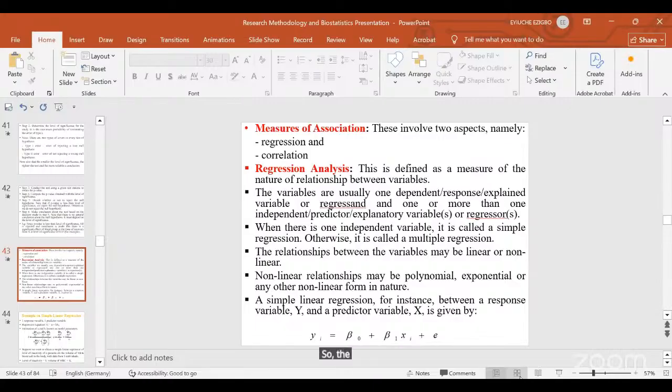The other type of variables are known as the independent variable, also known as the regressand, also known as the predictor variables. Did you get what I said?